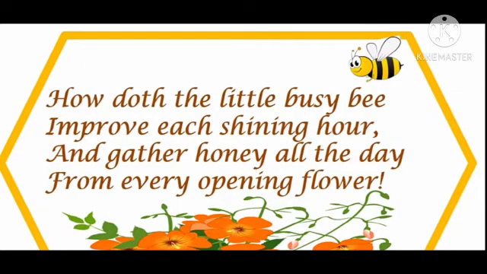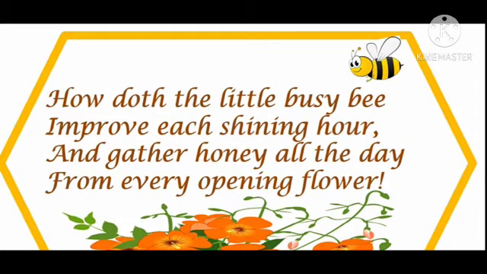Students, now let us see our first stanza of the poem. How doth the little busy bee improve each shining hour, and gather honey all the day from every opening flower.